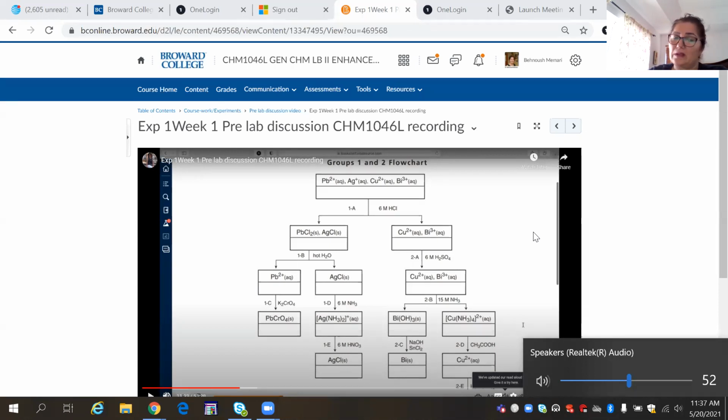Also, pay attention to the announcement. In the announcement, I have a template for mini lab report. I have sample mini lab reports. I have instructions how to draw the flowchart. So pay attention to the announcements as well. You just go down the announcement, because I didn't put all in one announcement.